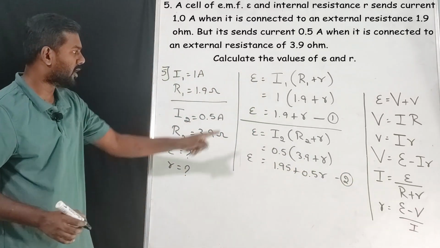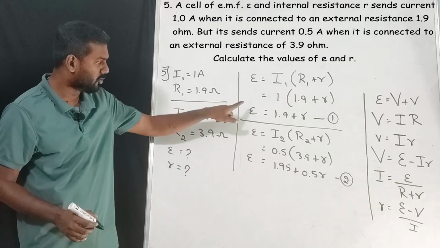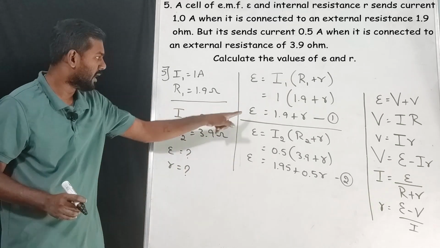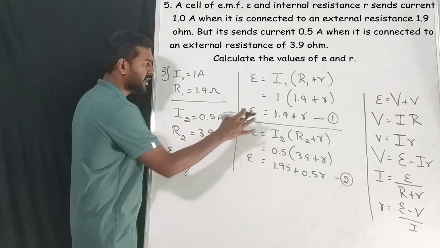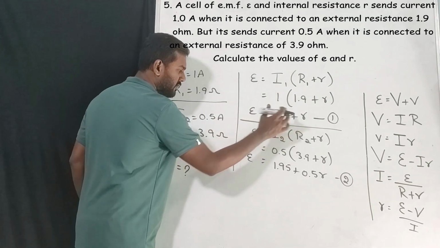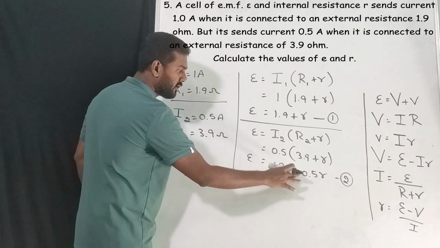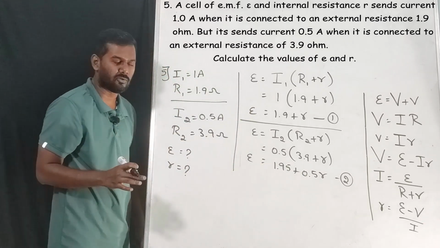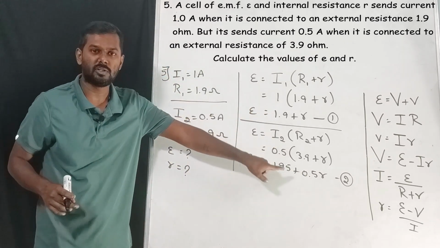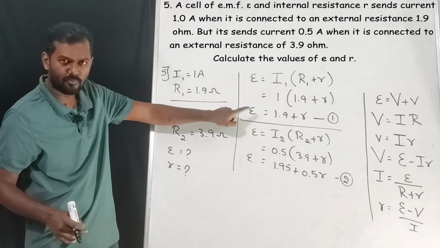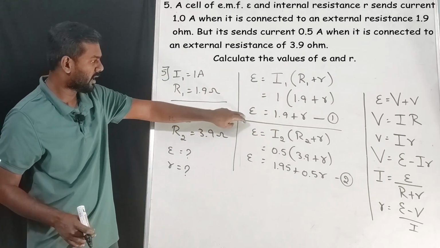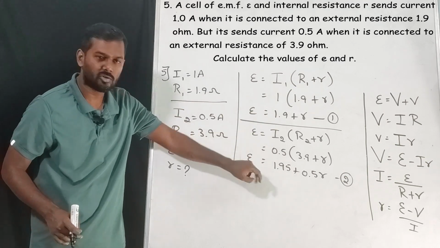Now we have two equations, and in both we are finding EMF. So the EMF will be the same in both cases, right? In the first case EMF is equal to this one, in the second case EMF is equal to this one. Since we are finding the same value in both cases, this equation will be equal to this one.